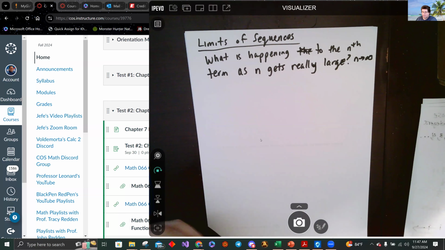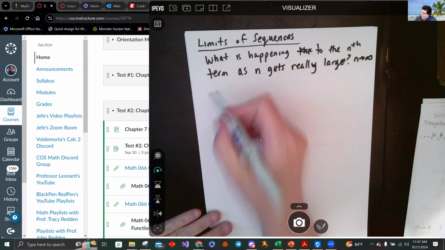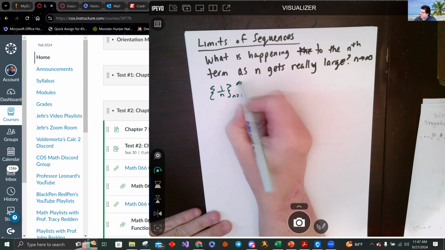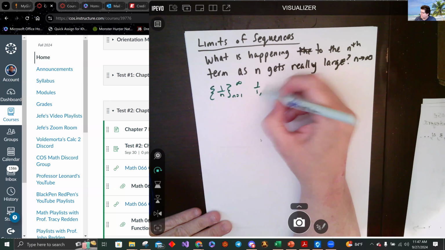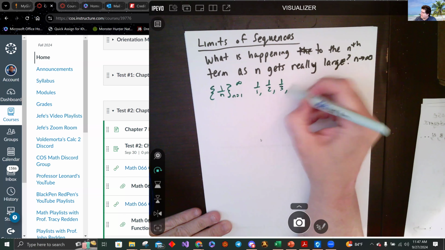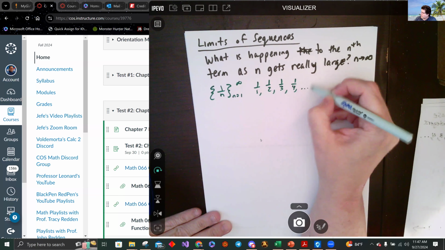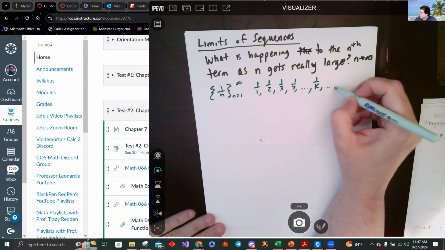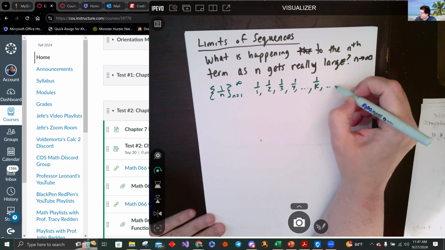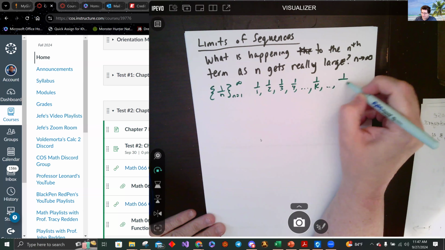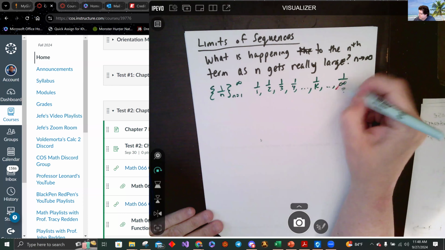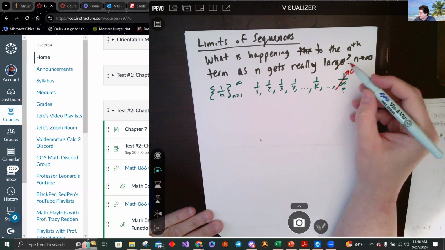Well, if we look at our last example, where we had 1 over n, n equals 1 to infinity, this is 1 over 1, 1 over 2, 1 over 3, 1 over 4, 1 over k, I'll use a different letter. Eventually, as n goes to infinity, we're getting up to like 1 over infinity. That's not even a legal thing to write, but that's going to 0. So 1 over infinity is 0.